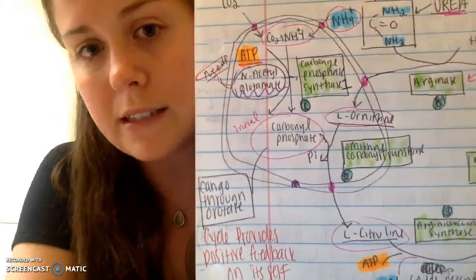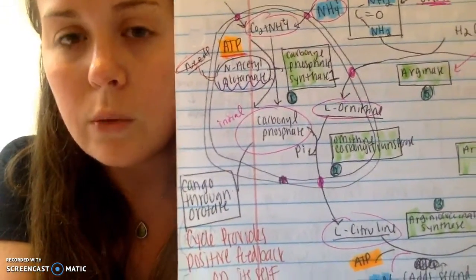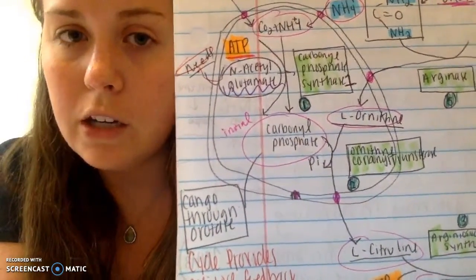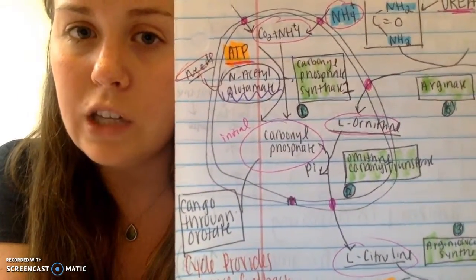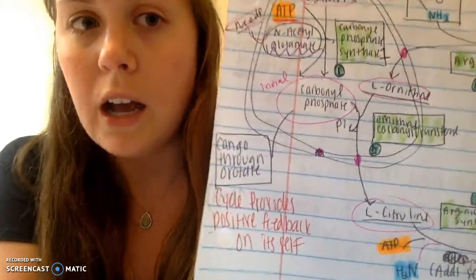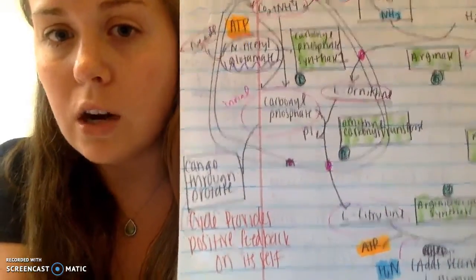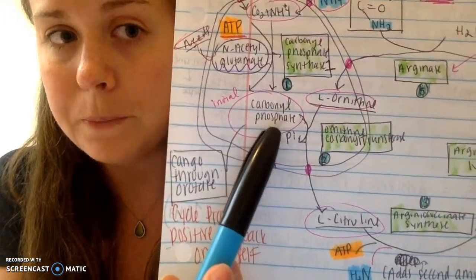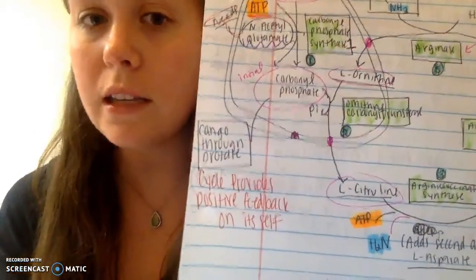I'm just going to say CPS1 when I'm discussing it. In the mitochondria, ATP, NAG, and CPS1 synthesize carbamoyl phosphate, which we see right here. That's the key point in this process, I think.